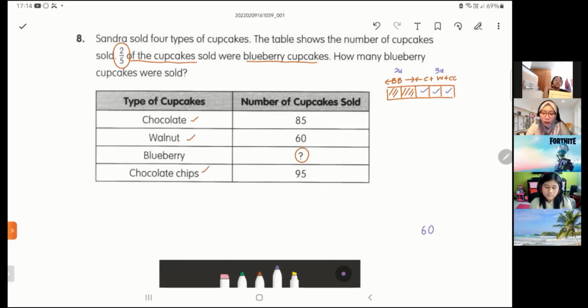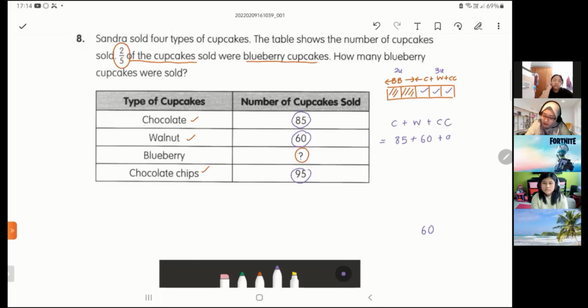Can I know the value of these 3 different cupcakes? Yes, I can. 85 plus 60 plus 95. So chocolate plus walnut plus chocolate chip equals 85 plus 60 plus 95, which equals 240. This is 3 units.